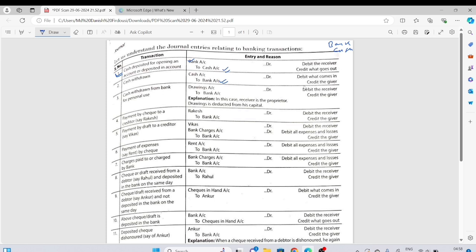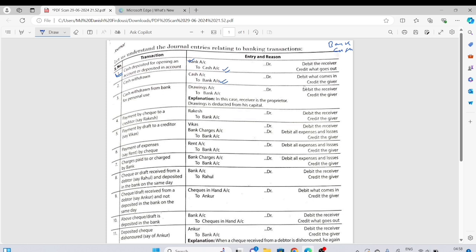Now, in case you withdraw cash from your bank account for personal use, at that time what entry will you pass? As you know, any amount which has been withdrawn from the business by the proprietor for their personal use will be treated as drawing account.